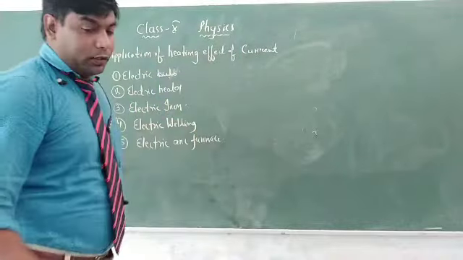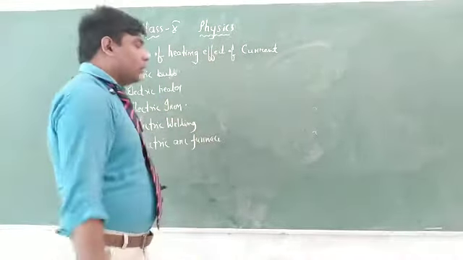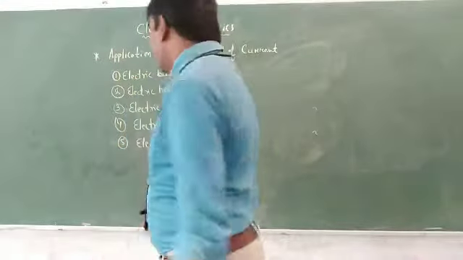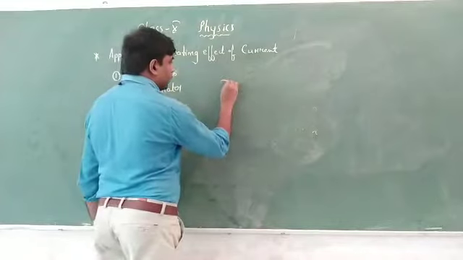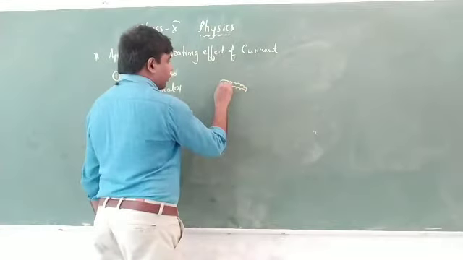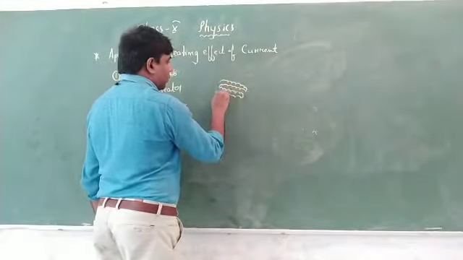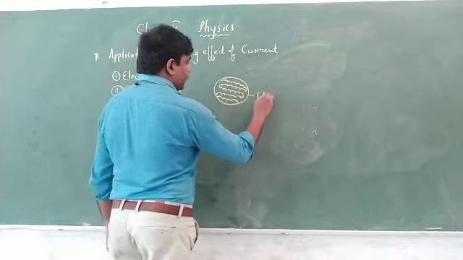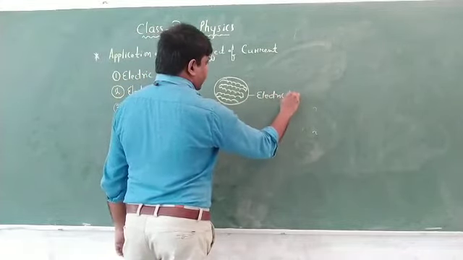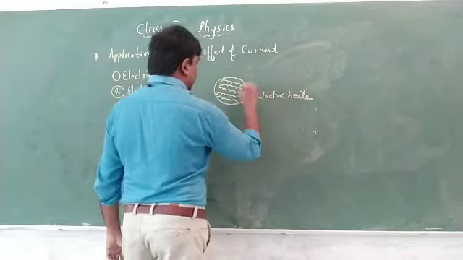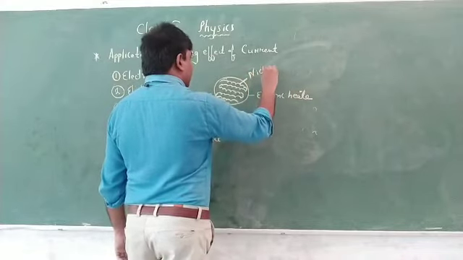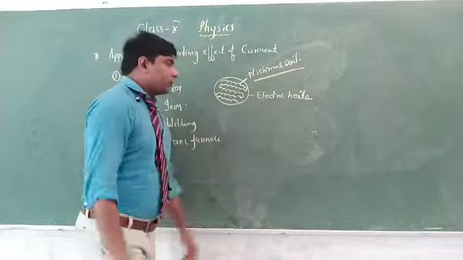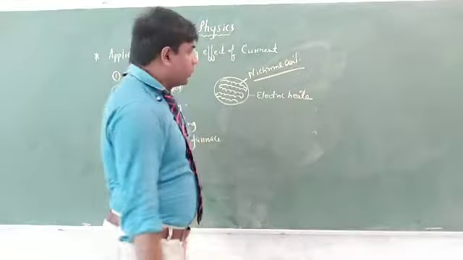Next is your electric heater. Right? In an electric heater, you have seen there is a coil. That coil is made of nichrome, because its resistivity is very high and also its melting point is high.